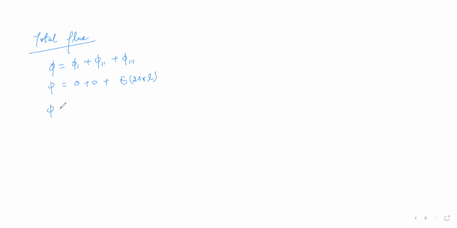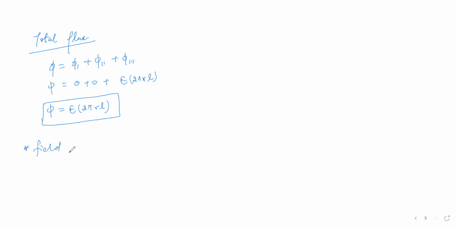Finally, we can say here the total flux is E into 2 pi RL. This is your total flux. Are you clear? Now, we are going to calculate the field.